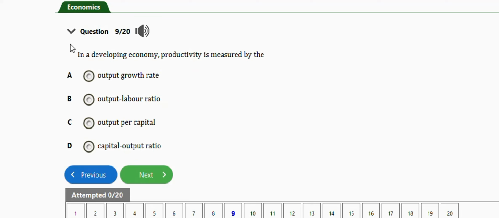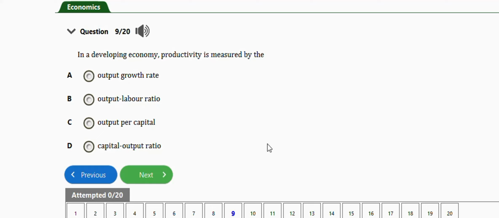It says in a developing economy, productivity is measured by the output growth ratio, output labor ratio, output per capita. We have capital output ratio. So guys, the right answer to this question is option B, which is output labor ratio in a developing economy.